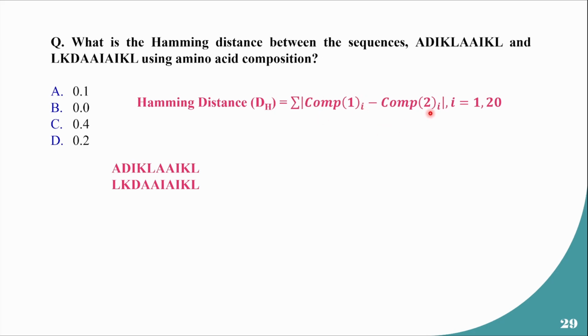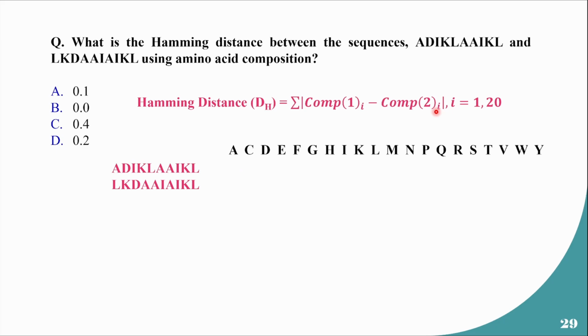You take the absolute value of that, and for all 20 amino acids present, you calculate these composition differences. Ultimately, you add all of that up, and that will give you a distance, basically, right? In terms of composition, how closely related or how far apart these sequences are.